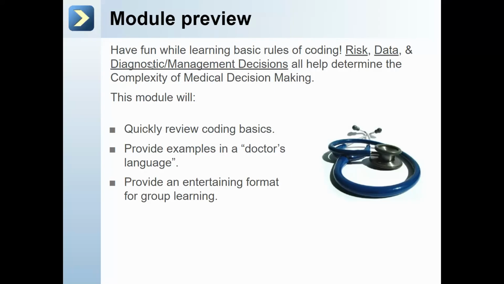So our objective today is to try to have fun learning these basic rules of coding. Again, the risk, the data, and the diagnostic management decisions are going to all help determine the complexity of medical decision making. And again, as we said last time, to be really, really ethical, we're teaching that you let the complexity of medical decision making, otherwise MDM or CMDM, let that drive the code.